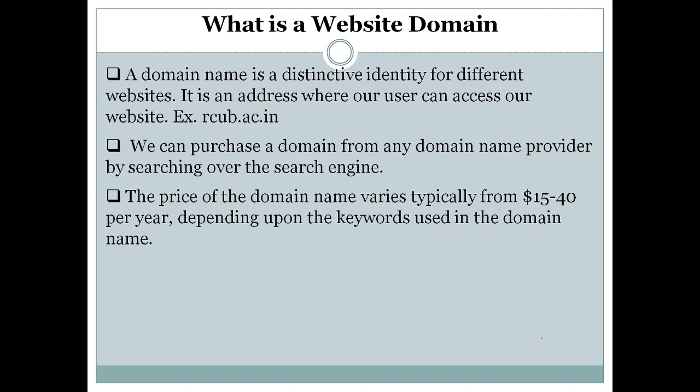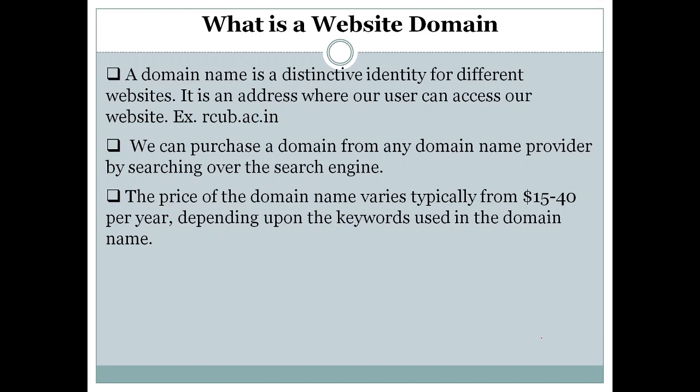One of the factors is the number of words which are used in the domain. If it is a single word domain like information.com or education.com, in such cases it may cost you more than a domain with multiple words. Or if you're going for a top level domain like .com, that will cost you more.